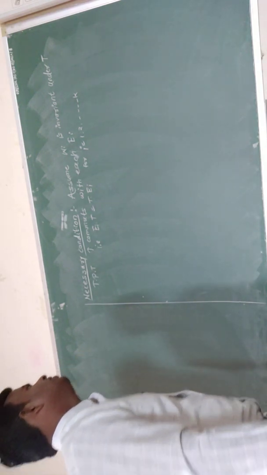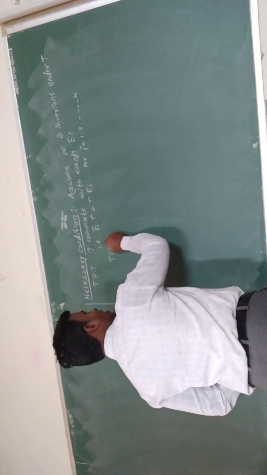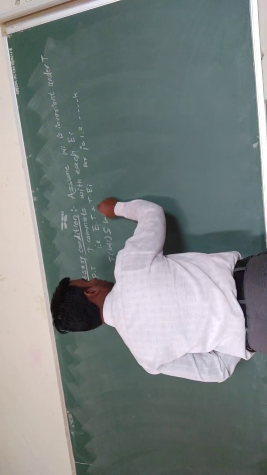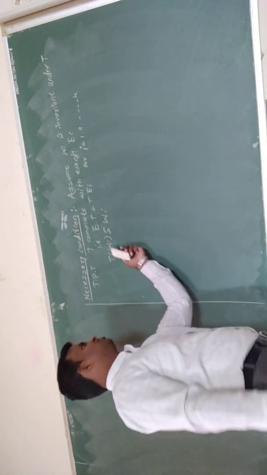Now, W_i is invariant under T, so what we have? T of W_i is contained in W_i. This is the definition of invariant.